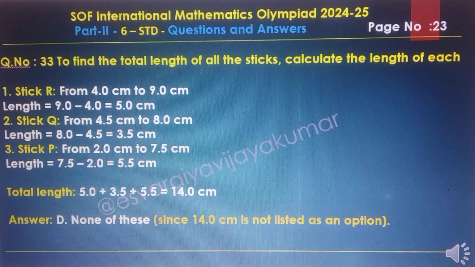And the stick P from 2 centimeters to 7.5 is 5.5. Finally the total length is 5 plus 3.5 plus 5.5, which gives 14.0 centimeters. Answer D, none of these, since 14.0 centimeters is not listed in the options. So the final answer is D, none of these.